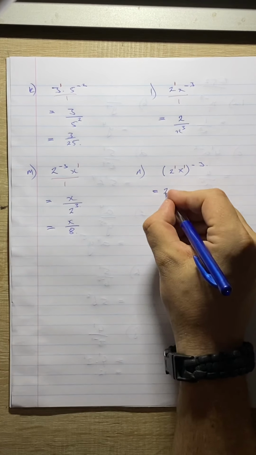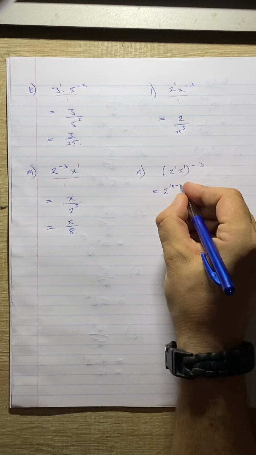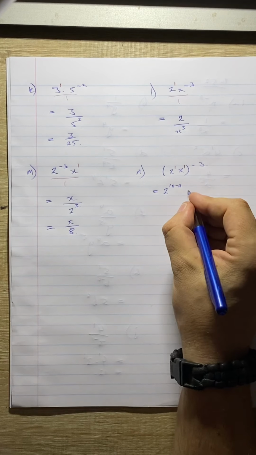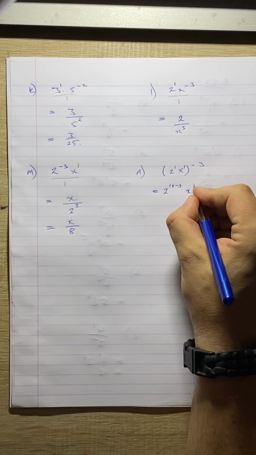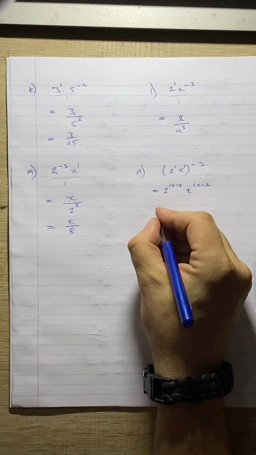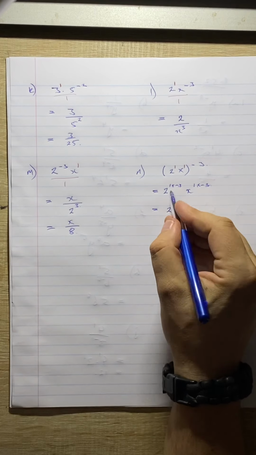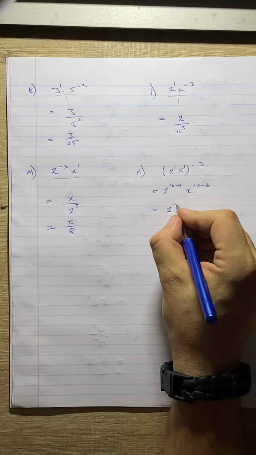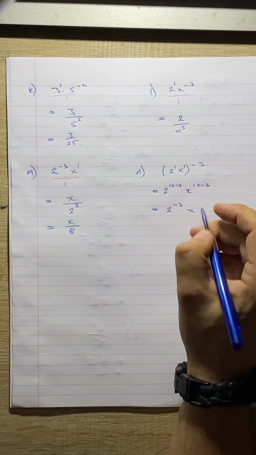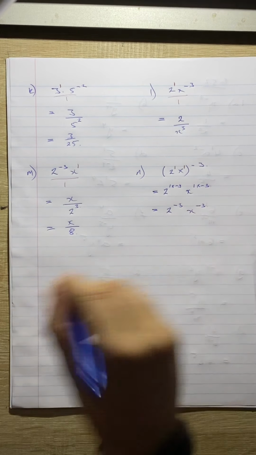So this will be 2 to the 1 multiplied by minus 3. Again, something to the power of something raised to another power, you multiply the exponent. So that's 1 times minus 3. I can now simplify those exponents. 1 times minus 3 is minus 3x, and 1 times minus 3 is minus 3.